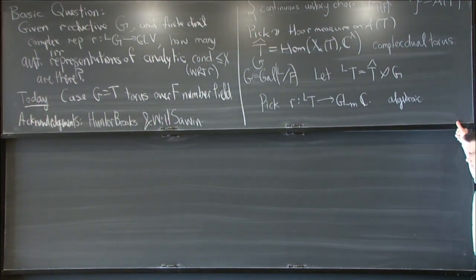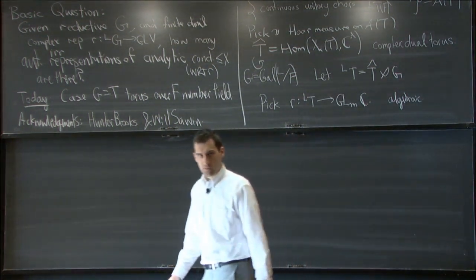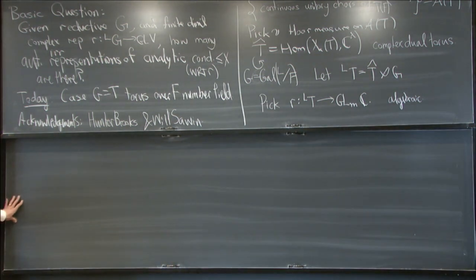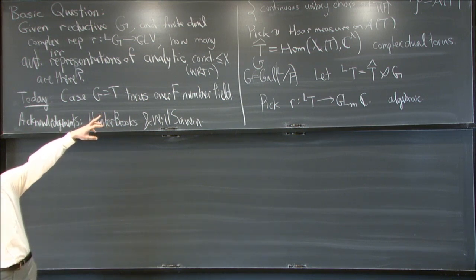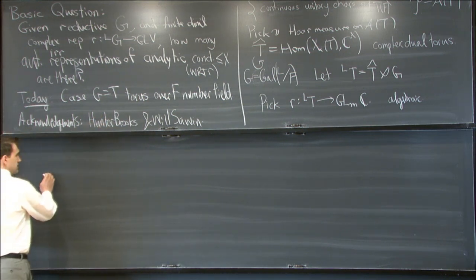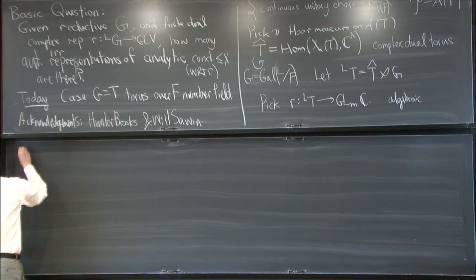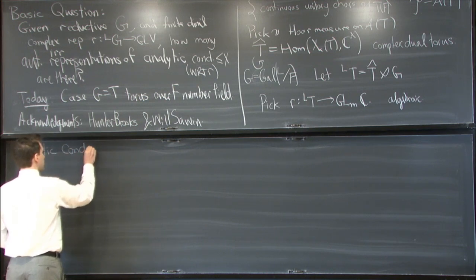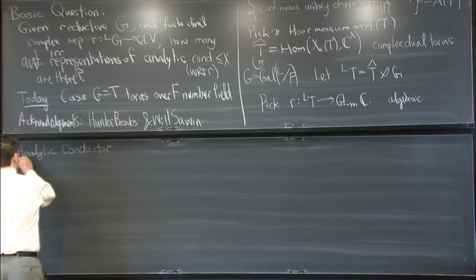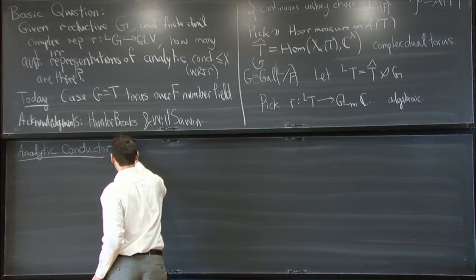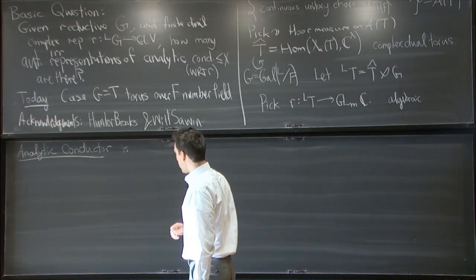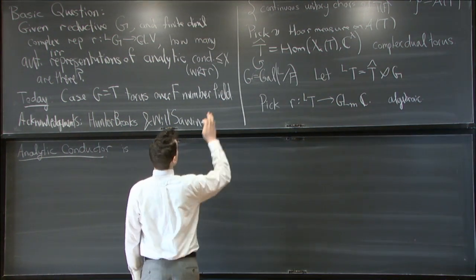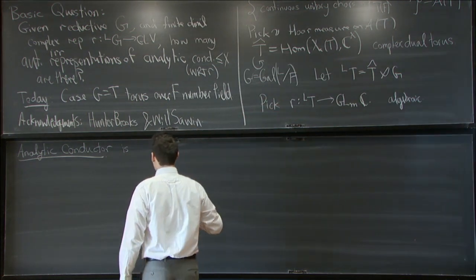Okay, so given those things, I want to talk for the next few minutes about just how to define the analytic conductor for an automorphic character in A(T). This section is called analytic conductor. The analytic conductor is an everywhere local invariant of elements of A(T).